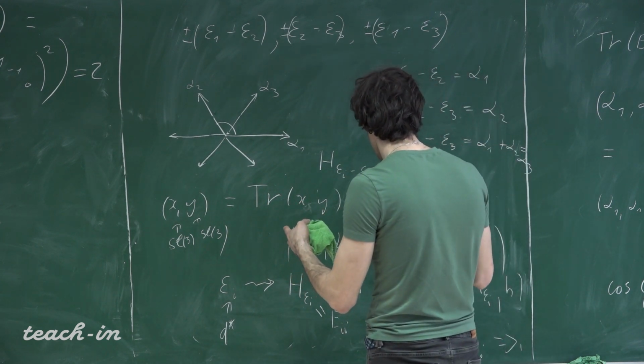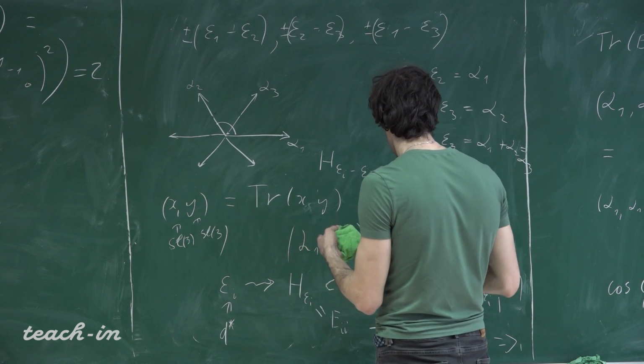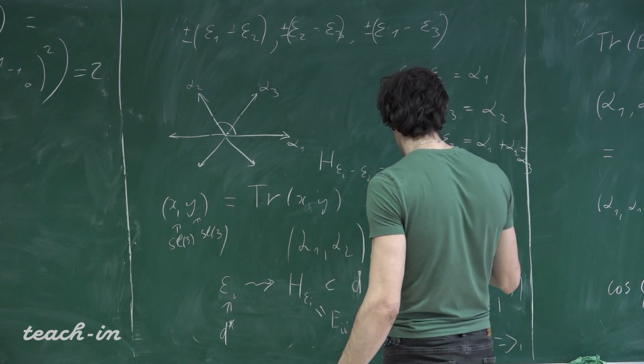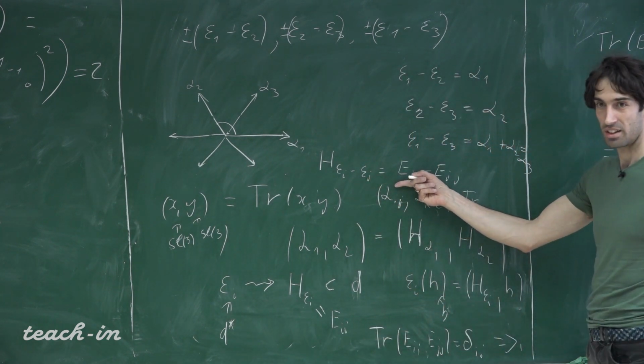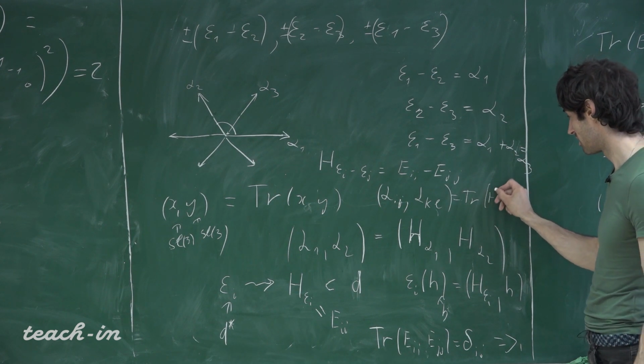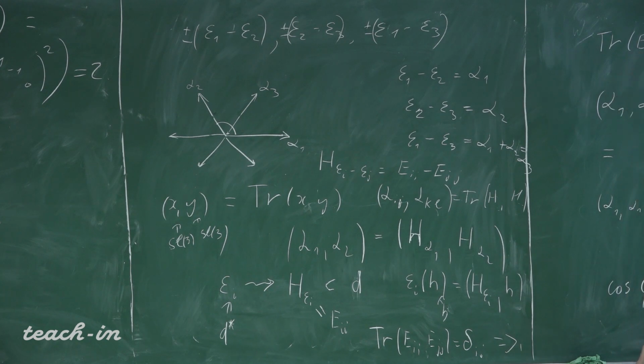To find the scalar product of alpha_ij with alpha_kl, you compute the trace of the corresponding h's, and a bunch of them will be zeros.